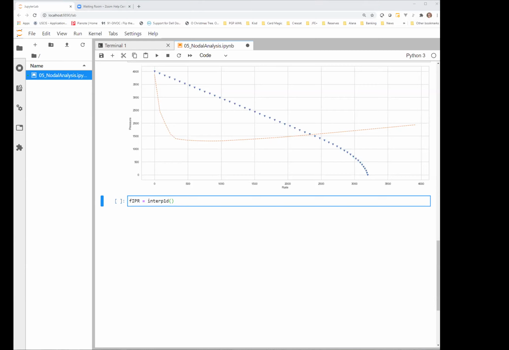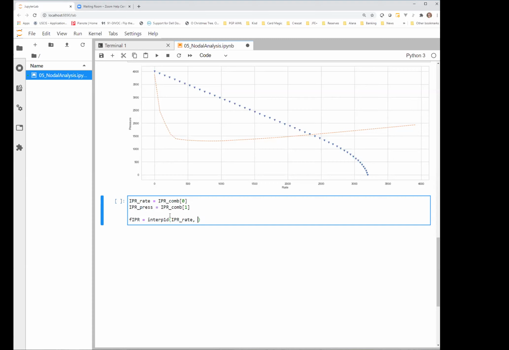For the sake of simplicity, let me define IPR rates, is that one? IPR pressure, is that one? So I'm going to be passing to you, this is my X values. So this is my Y values.